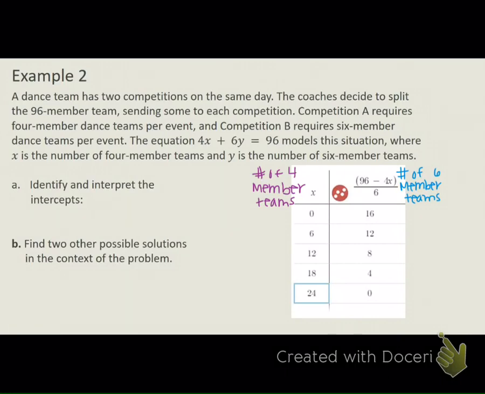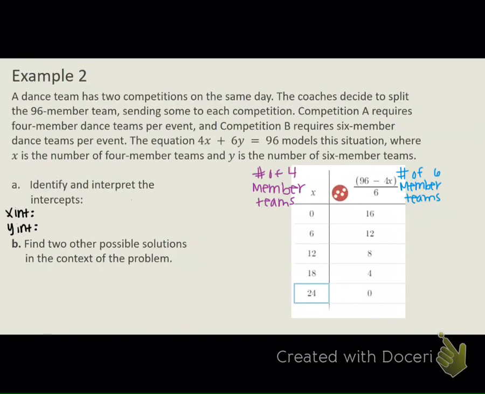Okay, identify and interpret the x-intercepts and the y-intercepts. Miguel, what is the x-intercept? Say it as an ordered pair. X, comma, y. So it would be 0, 16. Okay, so is that the x-intercept or is that the y-intercept?